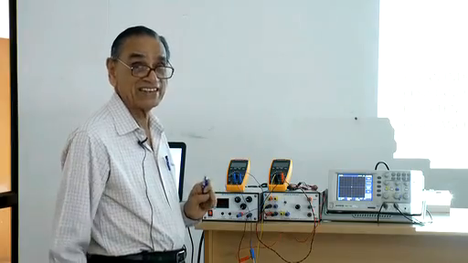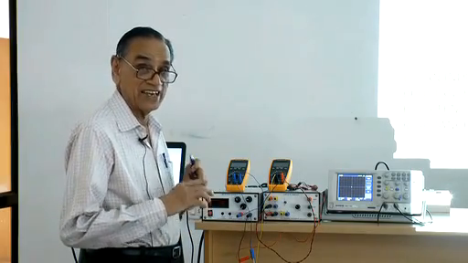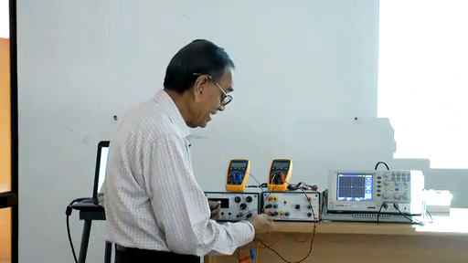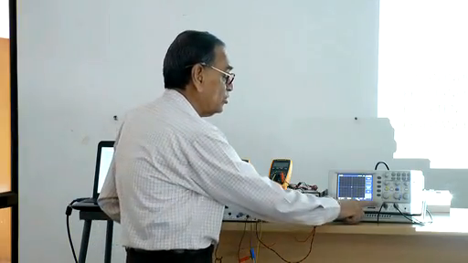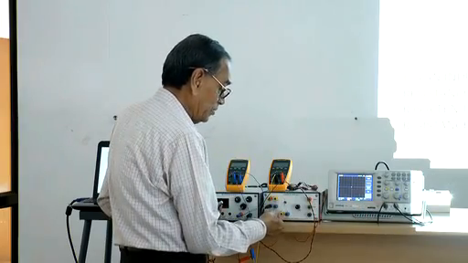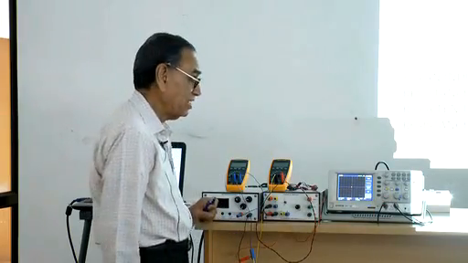I will measure the AC voltage across C2, AC voltage across C1 by connecting C2 to channel 1 of the oscilloscope, C1 to channel 2 of the oscilloscope.